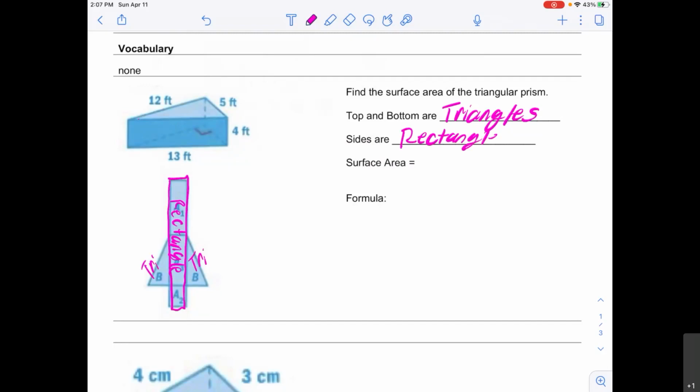When I lay it all out, it starts with three rectangles, but it becomes one big rectangle with the net. If I folded this up, it would go back to being my prism. So my surface area is the area combined of my two triangles and one rectangle.